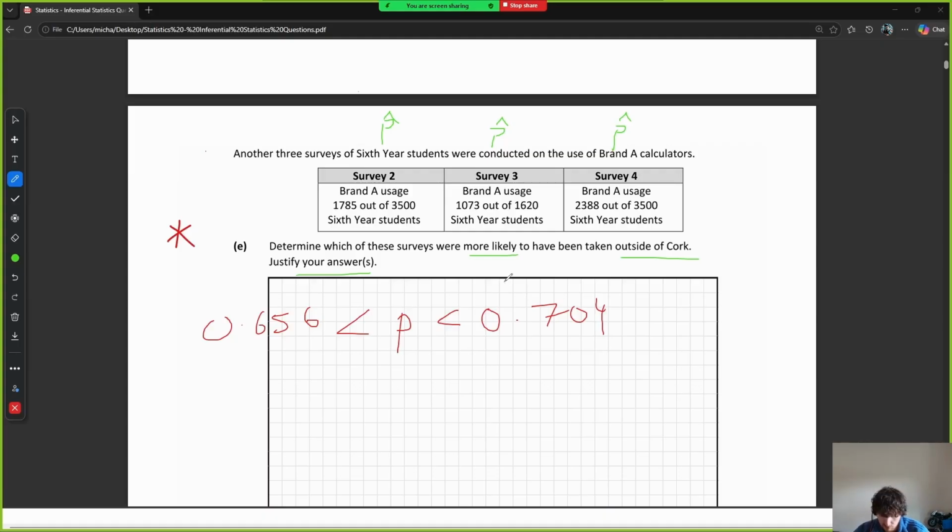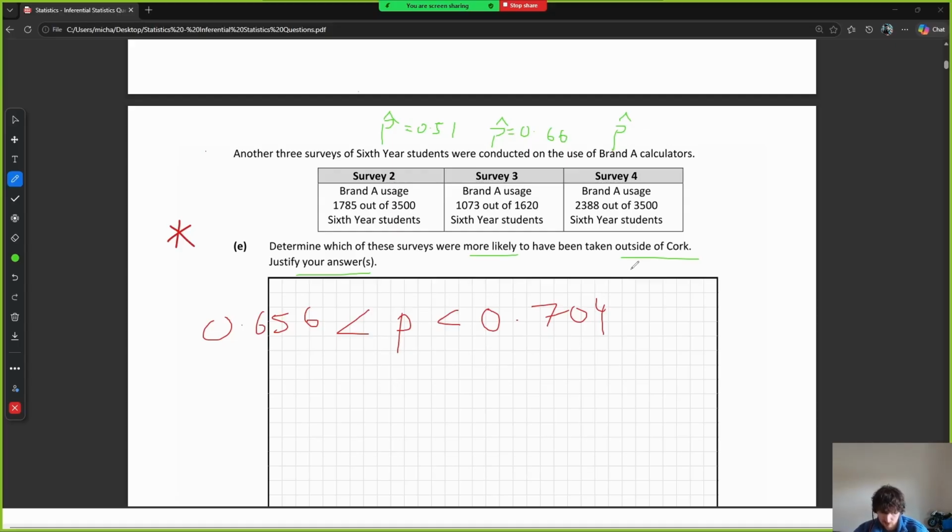So when I work out the p hat there for survey 2, 30 over 3500, that's working out as 0.51, so that one's outside the interval, so survey 2 doesn't look like it was conducted in Cork. The other one, 1073 over 1620, works out as 0.66, so that's in the interval, so that's good.